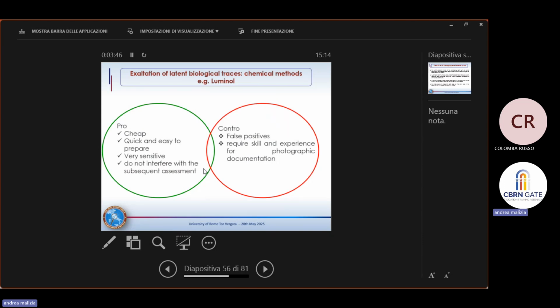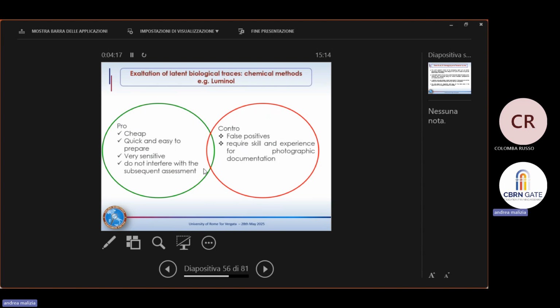The positive aspects of these methods: they are cheap, quick and easy to prepare, very sensitive, and above all, they do not interfere with the subsequent analysis of forensic genetics. But since it is not specific for human blood, it can identify animal blood or other substances that are not blood at all.